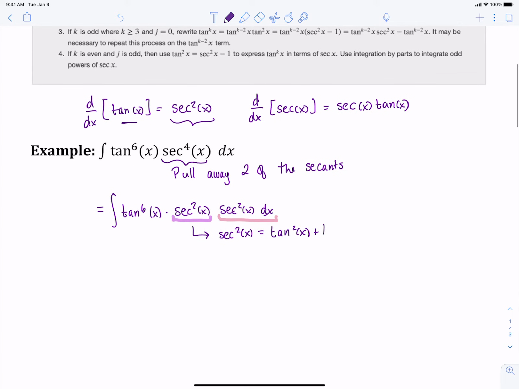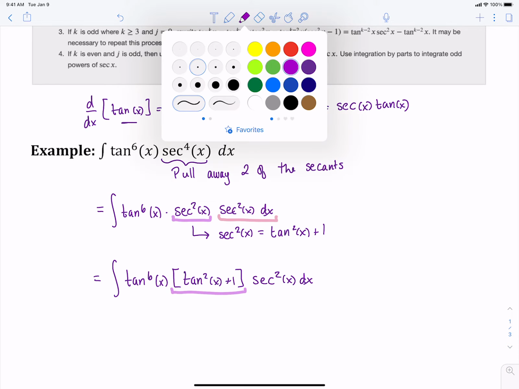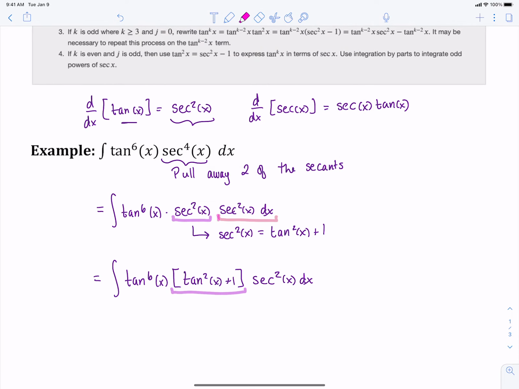That's going to change our integral to still be tangent of x to the sixth, and then we'll have tangent squared of x plus 1, and then times that secant squared of x on the end, dx. So just to underline what we've done here, the purple has replaced the underlined purple. And here, that pink is that pink there.